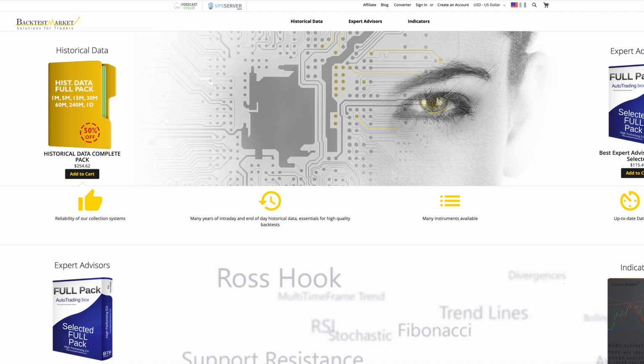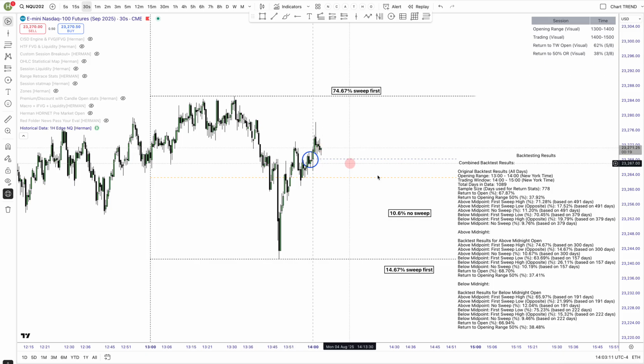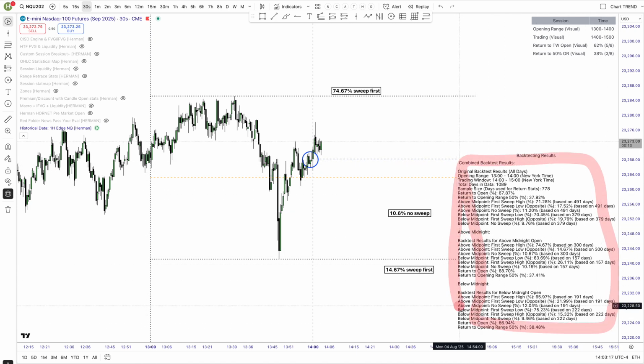And the historical data was bought from this website. And those stats are based on the last 4 years on 1 minute chart on NQ.